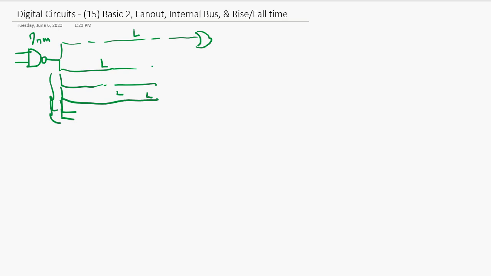It's a very tiny transistor driving from one corner of the chip to the other corner. It's long wires with a lot of capacitance, and this is the so-called fanout problem.